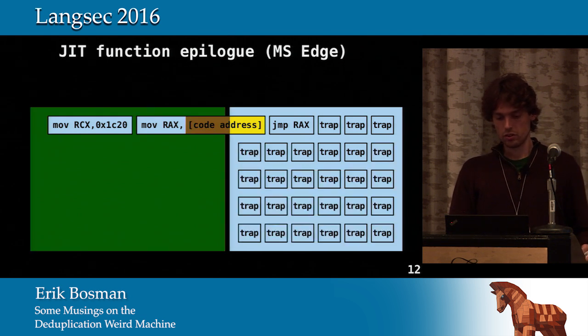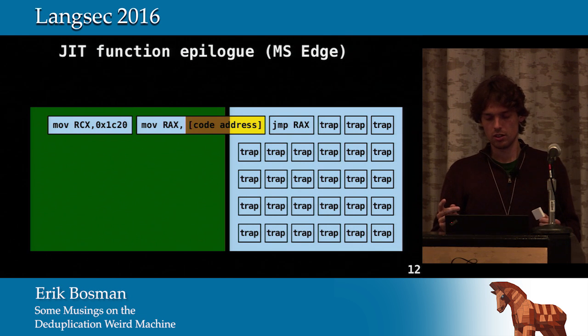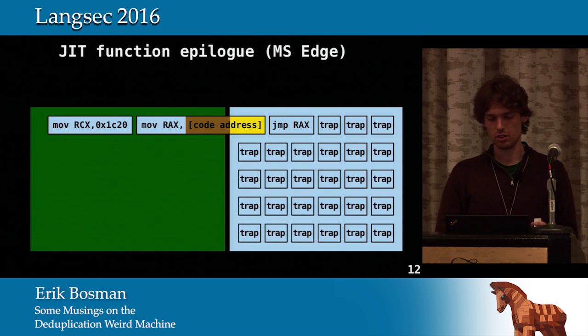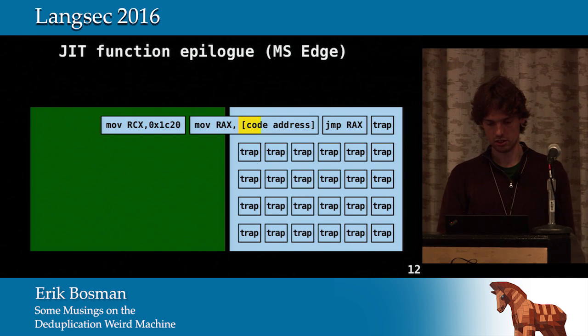By creating JavaScript objects, we can create pages which only carry part of the ASLR information by controlling the alignment such that the code address spans multiple pages, and then we can leak it in multiple phases and get the code address.